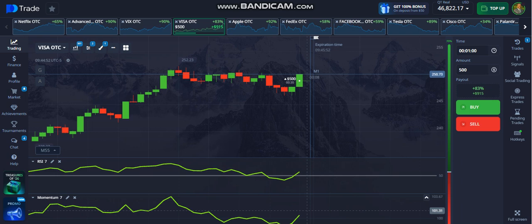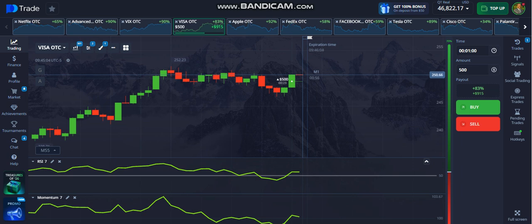So both RSI and momentum indicator are showing positive sloping directions here. So this suggests that there's going to be a bullish momentum to the upside over the next 60 seconds. And so let's wait for the expiration.